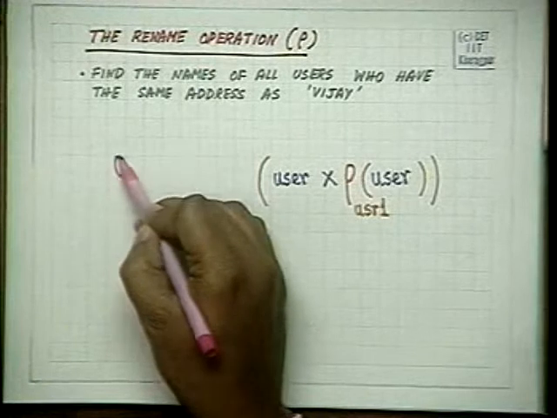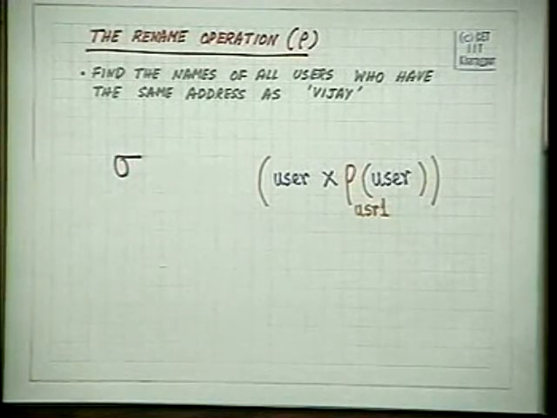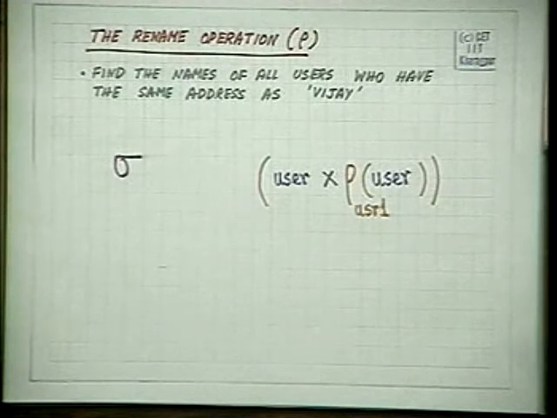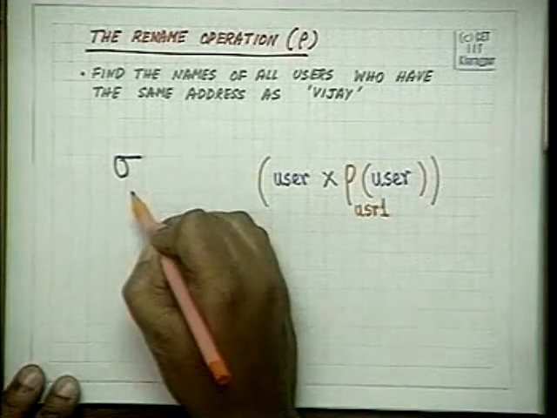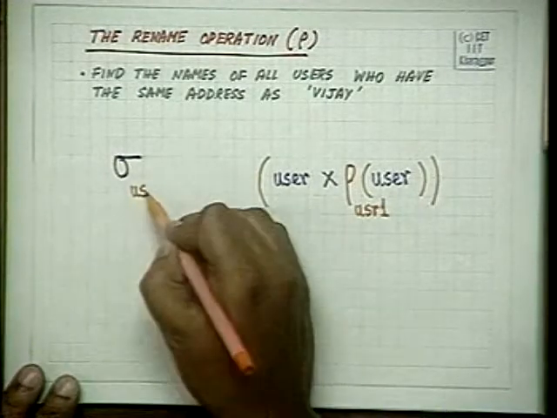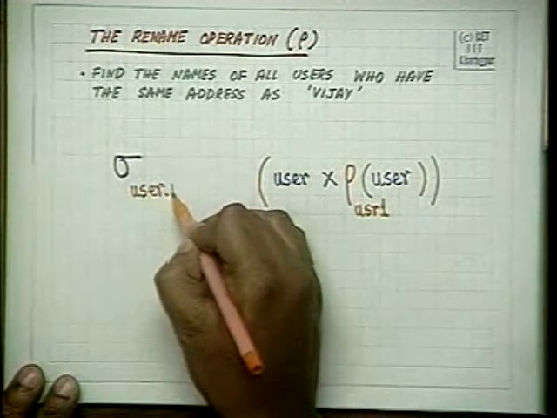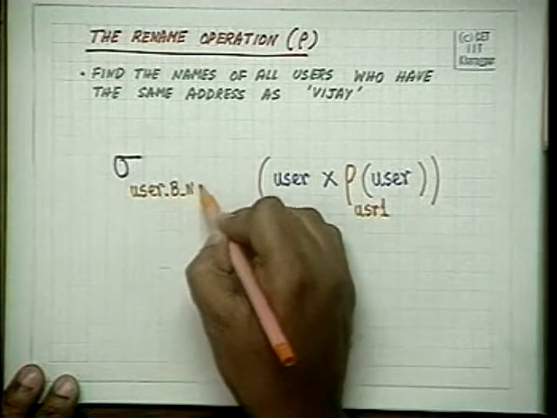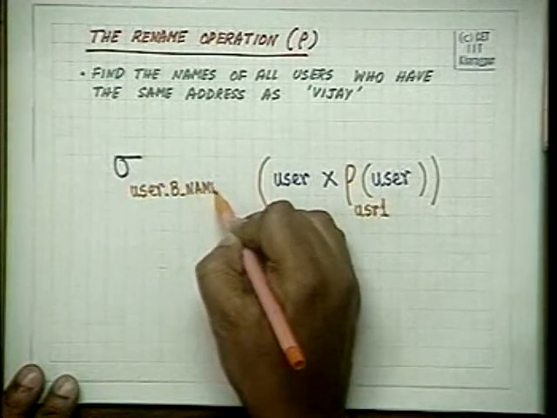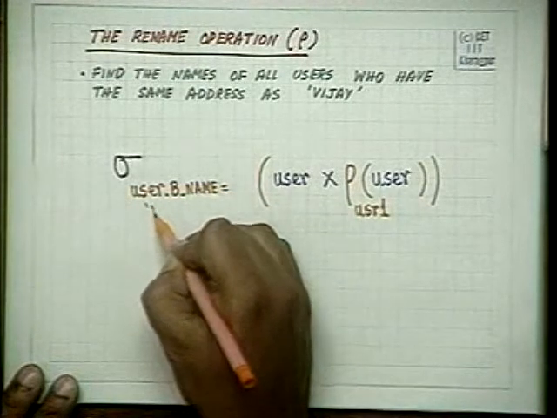So our selection will go like this. We will do a select: user dot borrower name equal to Vijay.